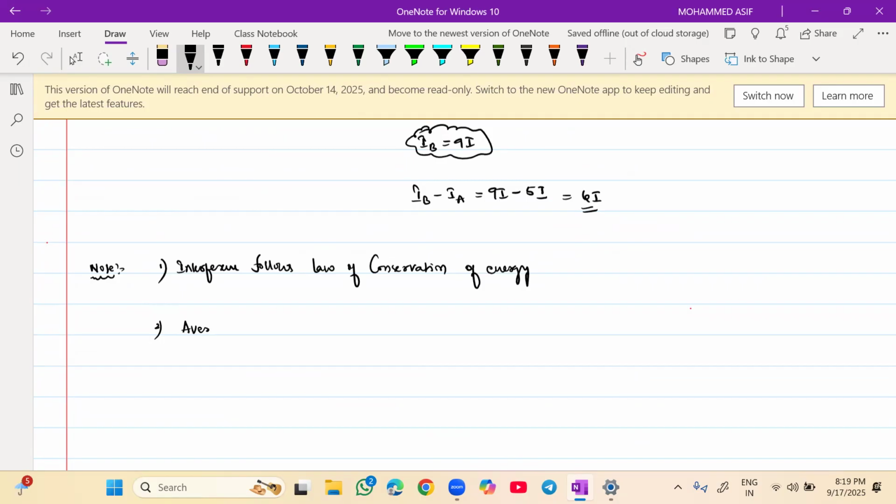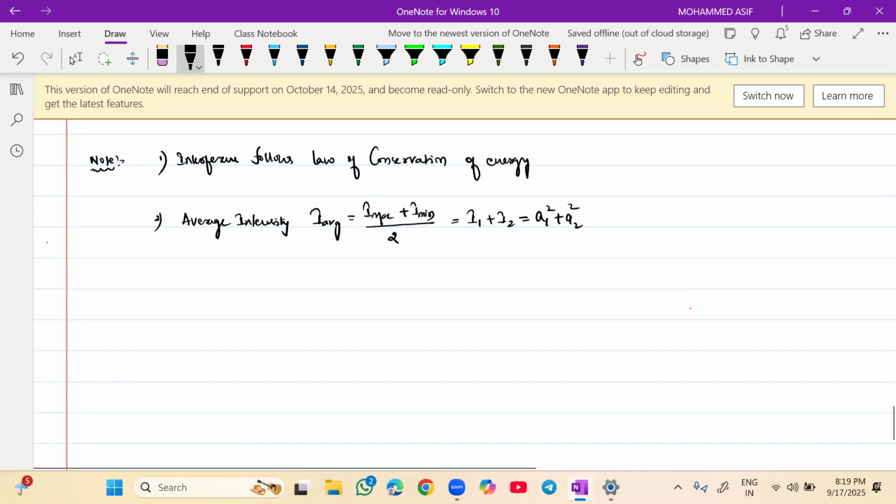How do you calculate the average intensity? I average will be equal to I max plus I minima divided by 2. That means this value will be equal to I1 plus I2, or A1 square plus A2 square in terms of amplitude. A1 and A2 are amplitudes.